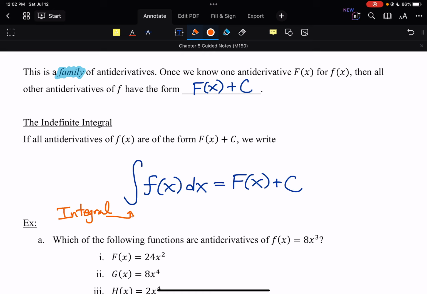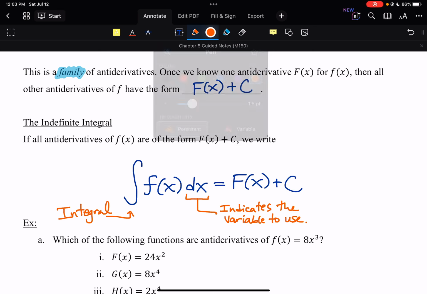It looks like an elongated letter S. This dx on the back end gives us an indication of what the variable is in the problem, so it indicates the variable to use. Obviously there's more to it than that, but we're just getting started.